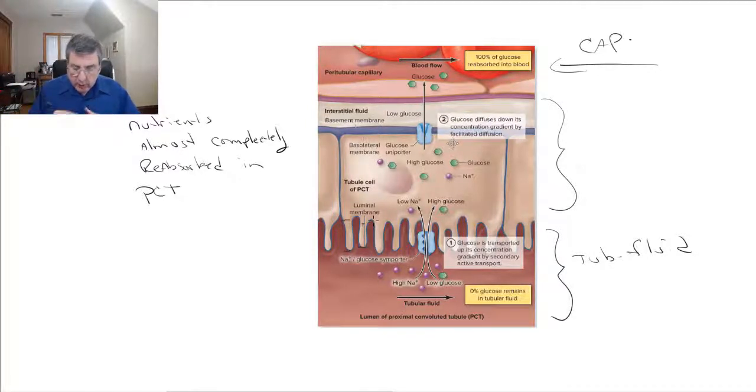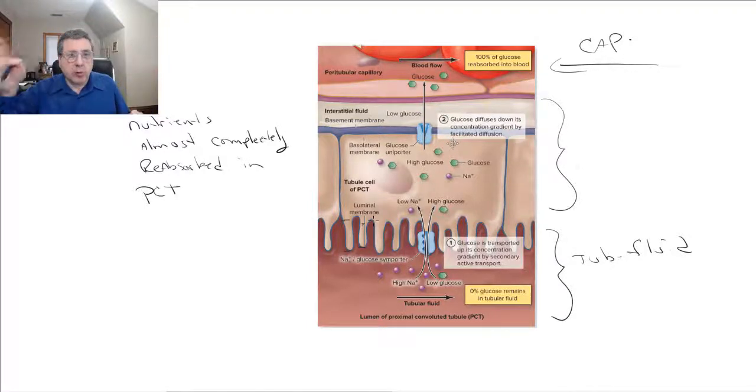Now, if we look at glucose specifically, how is this happening? Well, movement of nutrients from tubular fluid across the proximal convoluted tubular, or the simple cuboidal epithelial tissue, and into the blood.